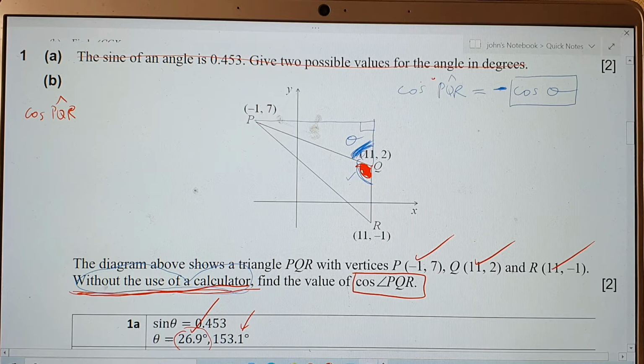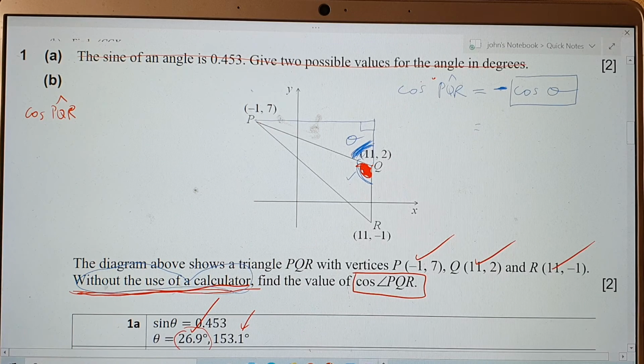Then you ask me, how can I find? Yes, you can find. You see, this is your x value, this is your y value. This minus 1 is x, 7 is y. Isn't this minus 1? And isn't this 7? And if I know this point, isn't this x, y?